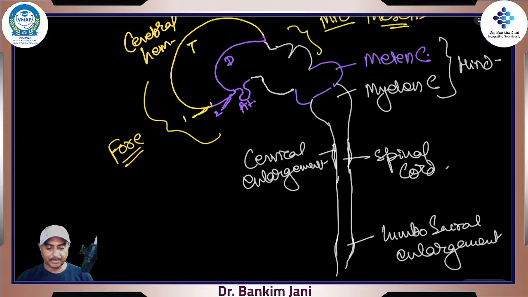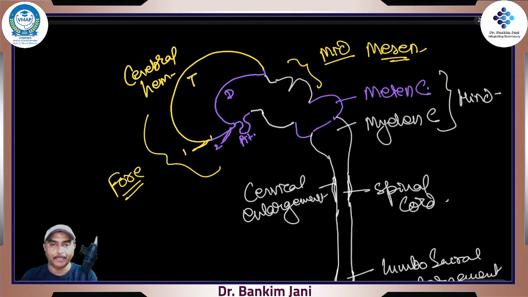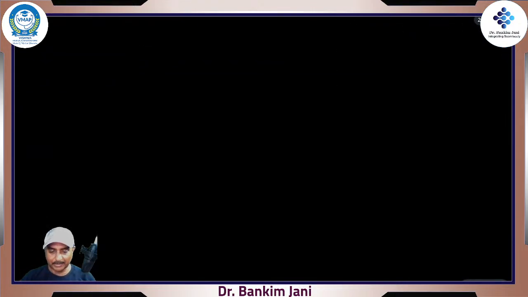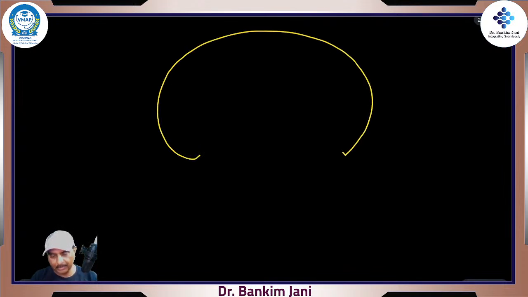So this is how the brain is getting formed. It keeps on expanding to achieve this state in which there is a huge cerebral cortex which takes over like this.